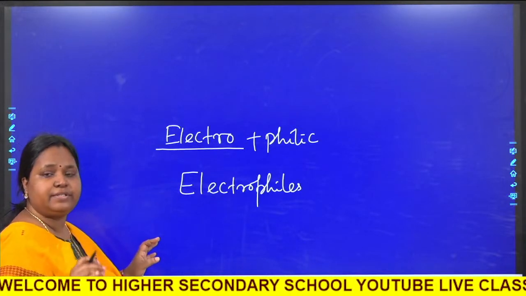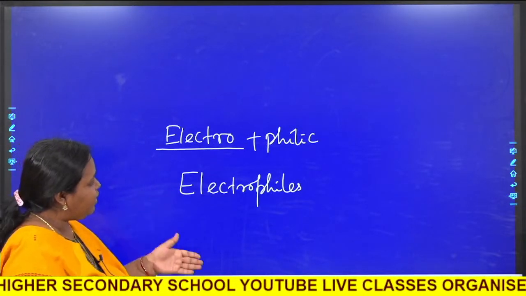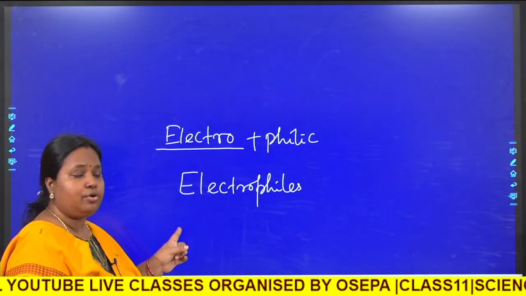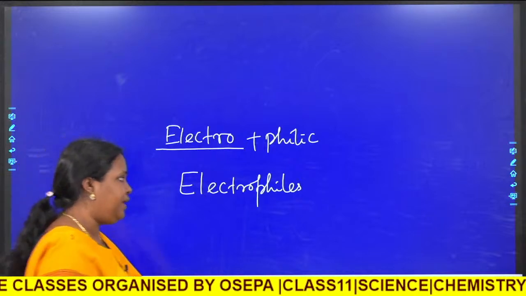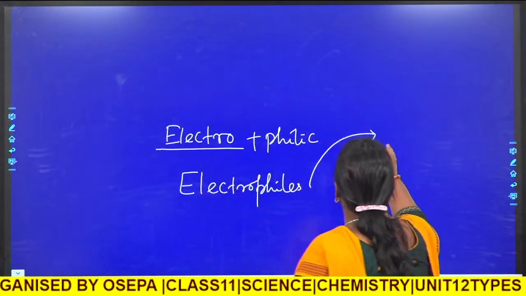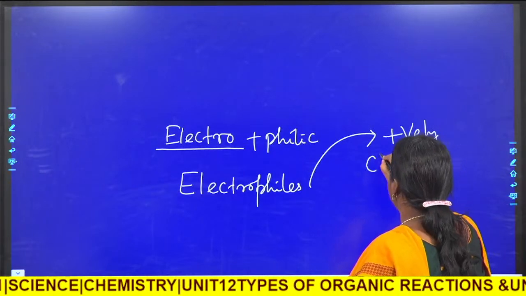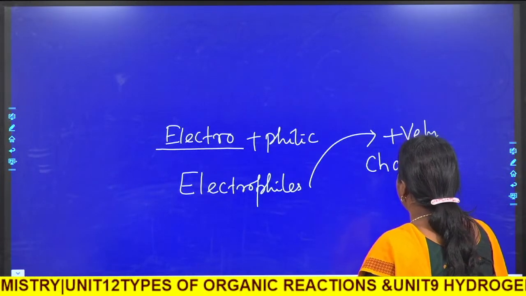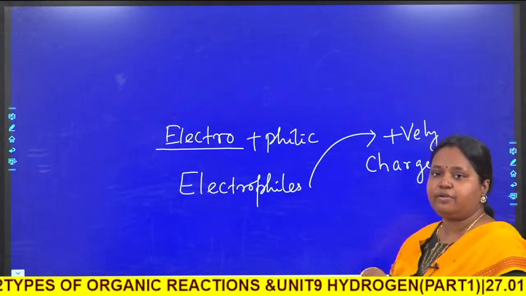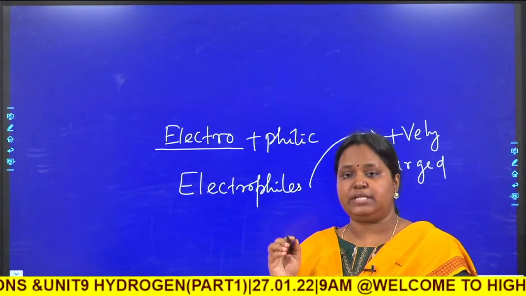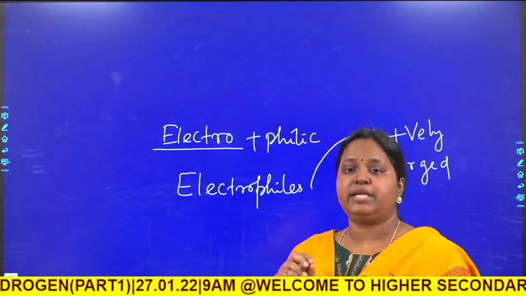Who will be deficient in electrons, that will have more affinity towards the electron. So electrophiles are positively charged species, remember. So electrophiles are positively charged or neutral species having deficiency in electrons.